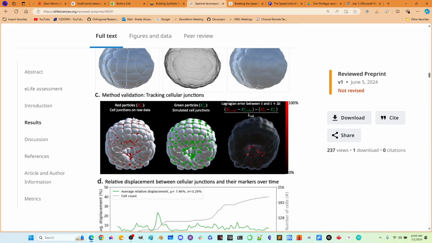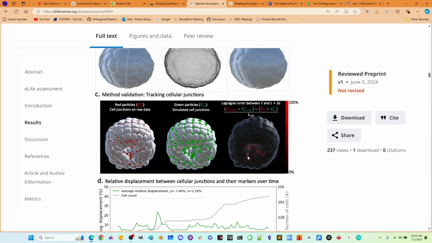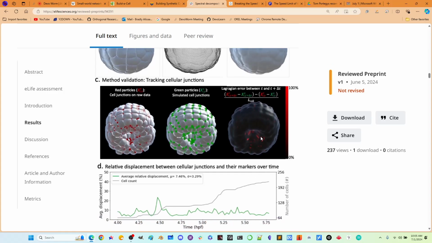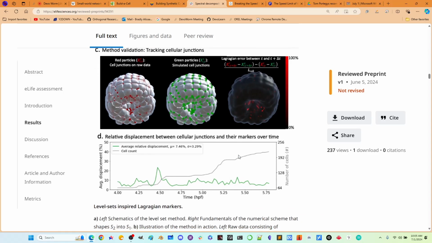The Lagrangian builds you this time series where the cell junctions and the simulated cell junctions diverge, and there's this error that you get between the simulation and the observation. You see the two components, the red component here and the green component here in the equation. So that's what it looks like.